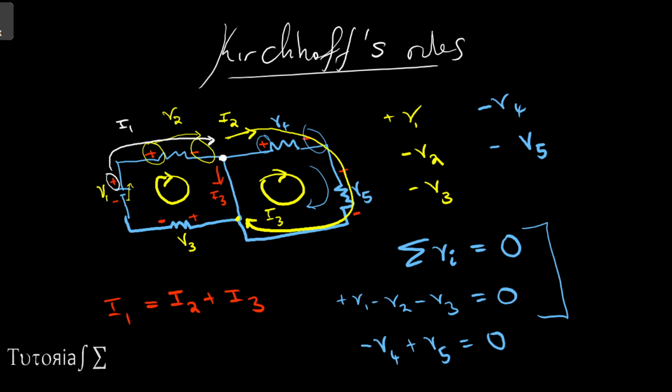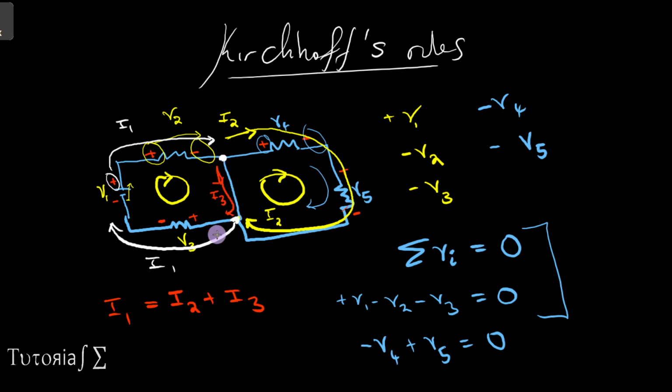Current 3 will run all the way from this point until it reaches this junction. And when they reach it, these two currents will rejoin and form current 1 again, until they reach the battery here, which is current 1 here.